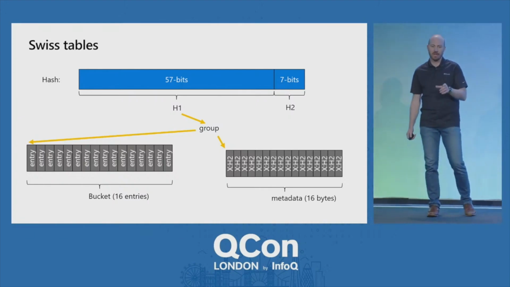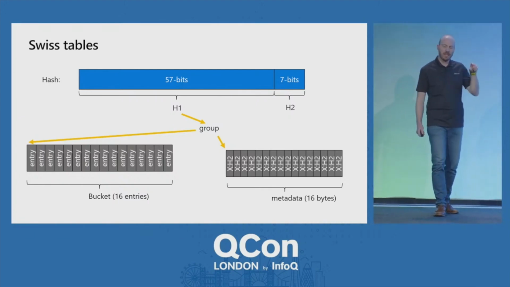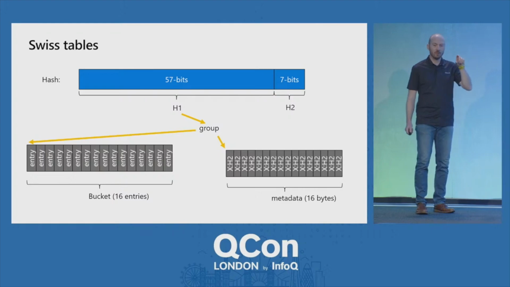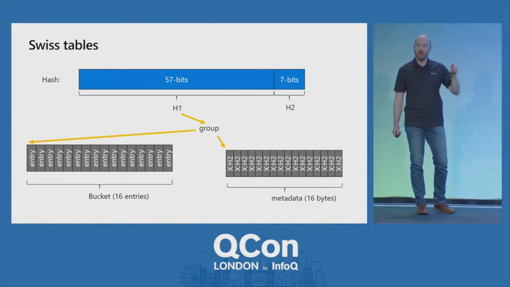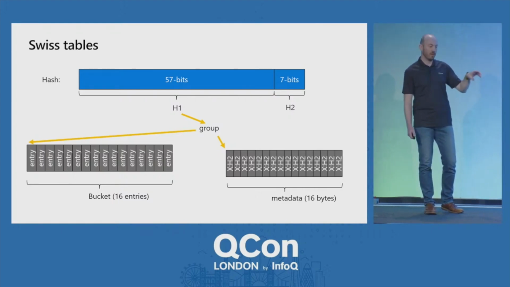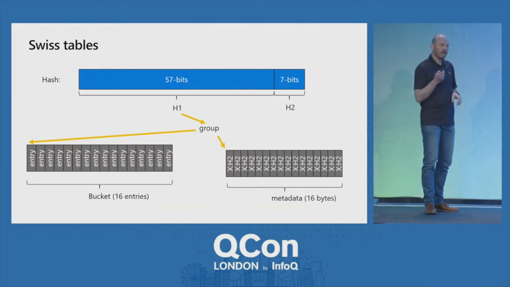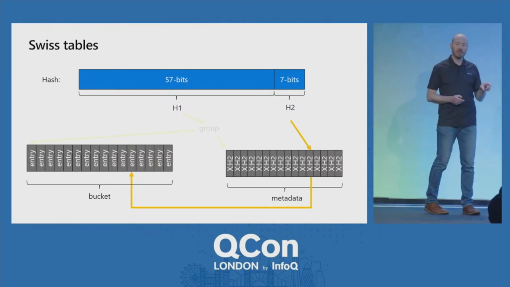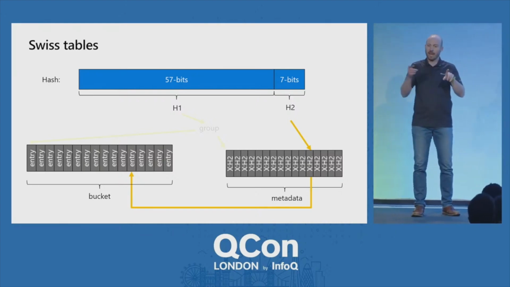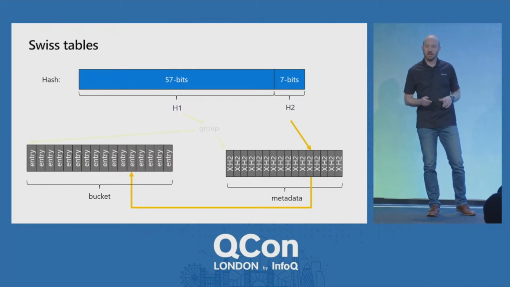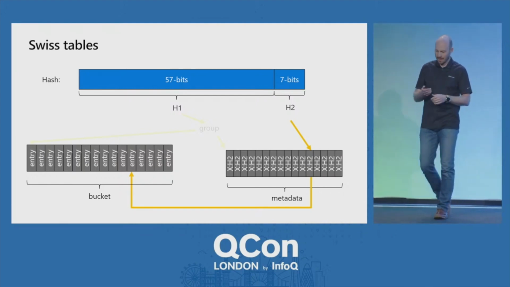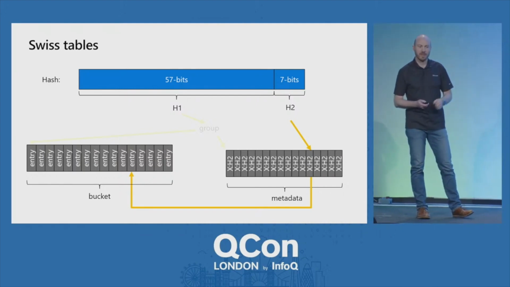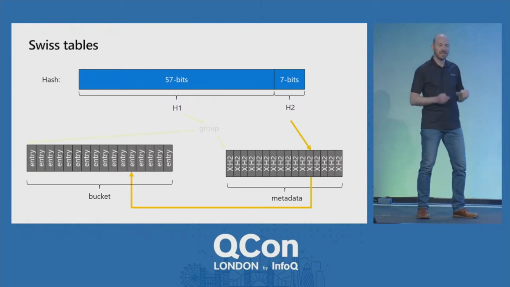Now, this metadata array is one of the key things here. That contains the packed values of all the H2 hash values of the entries that we've put in to the bucket. And so what we do then with our H2 hash value is we look in the metadata array, find which one matches, and then that lets us jump straight to our correct entry. And whenever you're talking about a lookup and someone says jump straight to, that is a good thing.